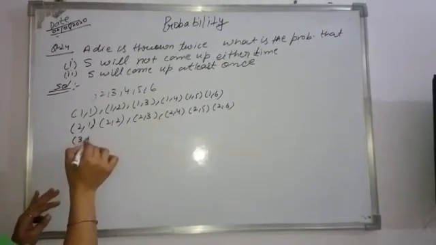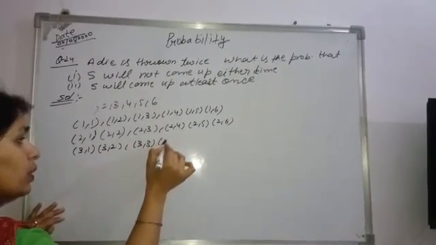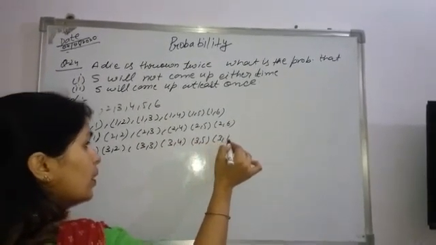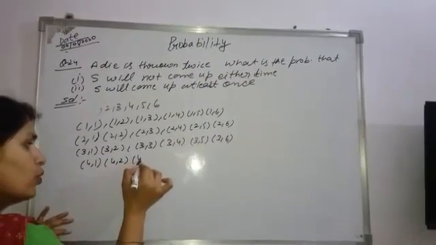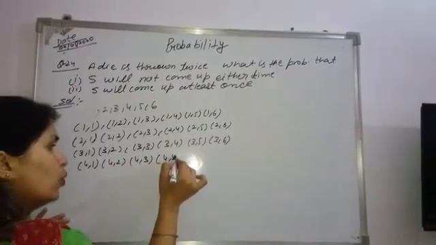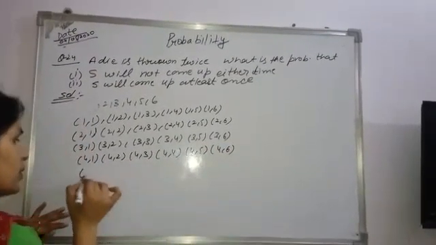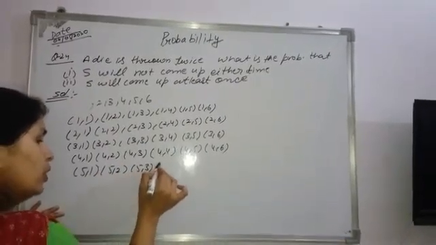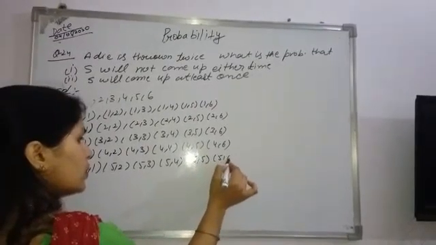Next cases are 3-1, 3-2, 3-3, 3-4, 3-5, 3-6. Next is 4-1, 4-2, 4-3, 4-4, 4-5, 4-6. Next is 5-1, 5-2, 5-3, 5-4, 5-5, 5-6.